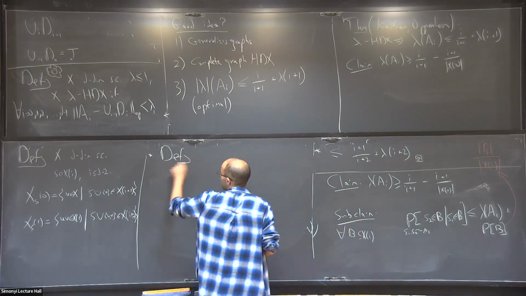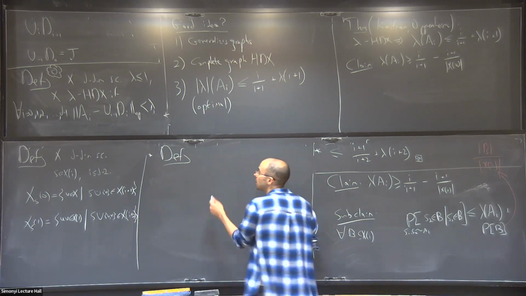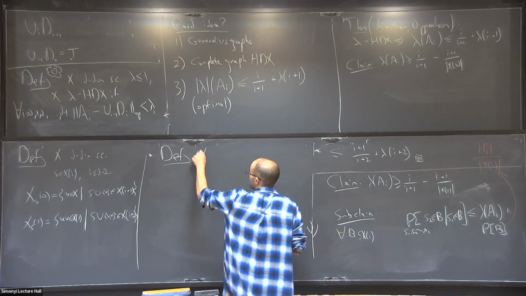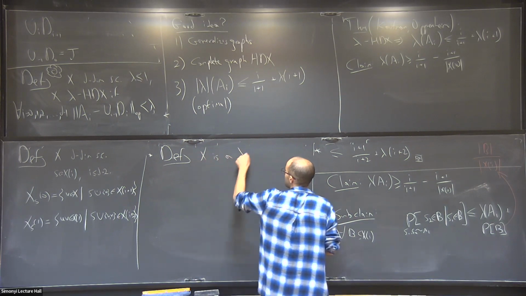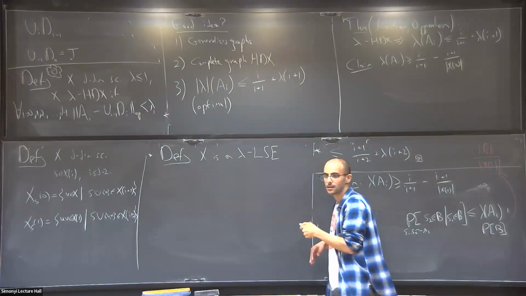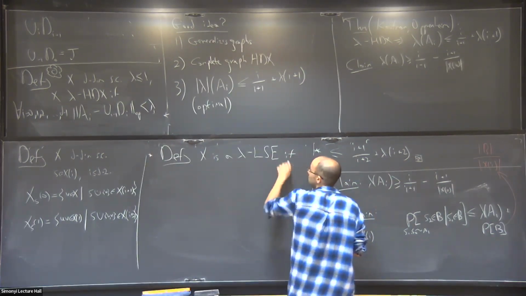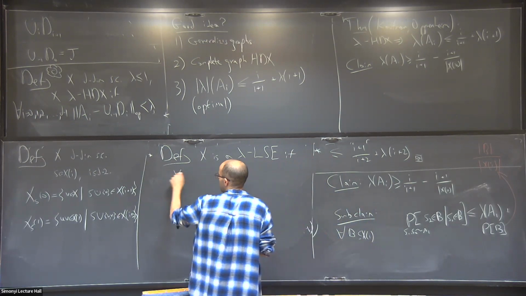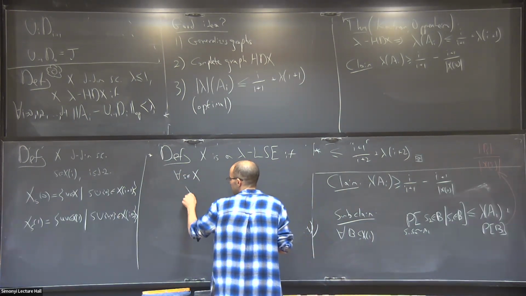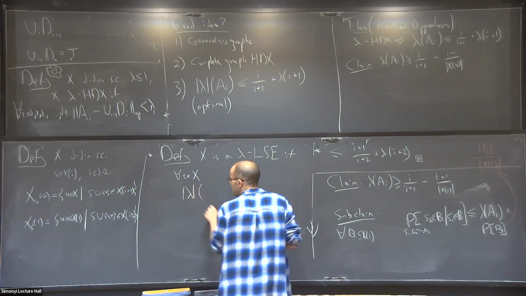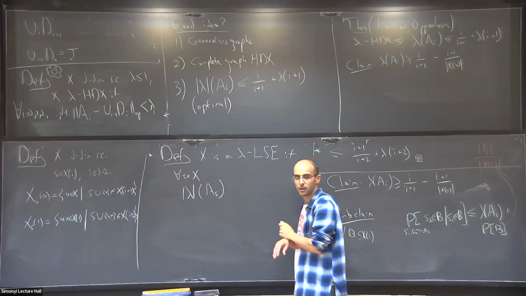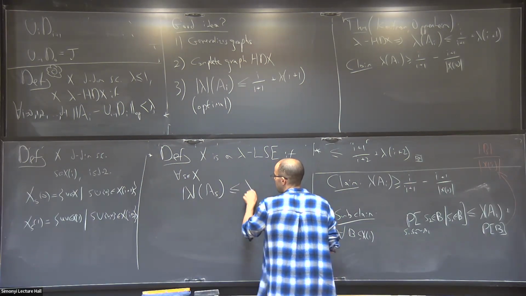The second most important definition in this talk will actually be that X is a lambda local spectral expander. So I will write LSE if for every face S, the lambda of the adjacency operator of the link of S will be at most lambda.